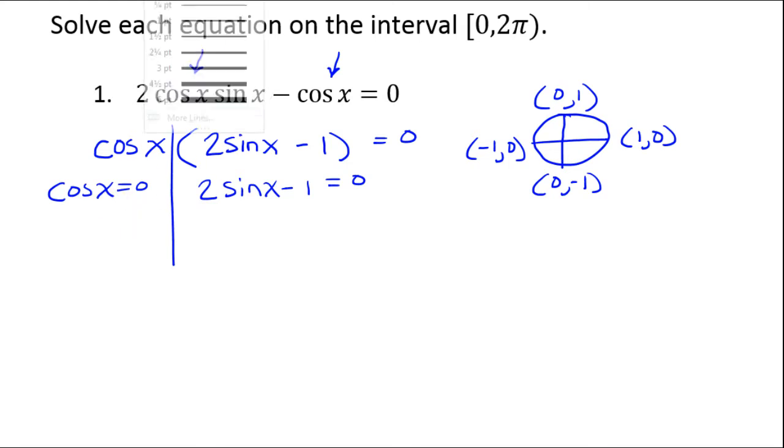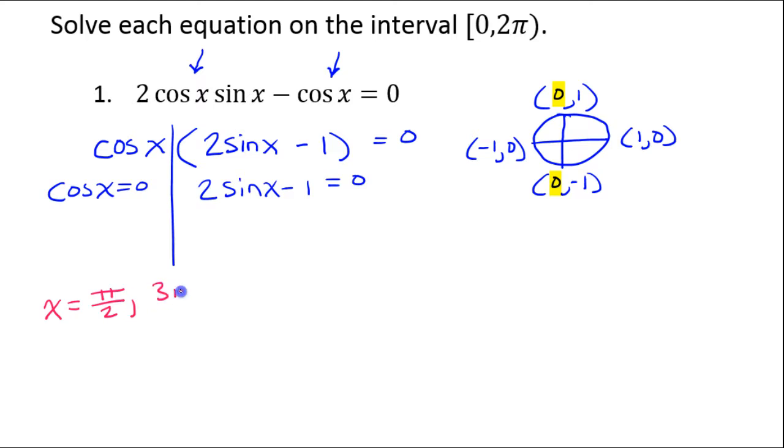So the question is, where is the x value 0? The x value is 0 here and here. So these two angles will be solutions. So that will give me the solution x is equal to pi over 2 and 3 pi over 2.